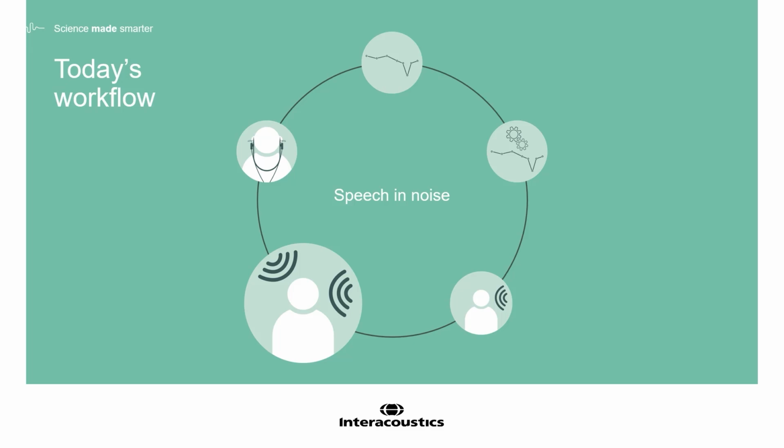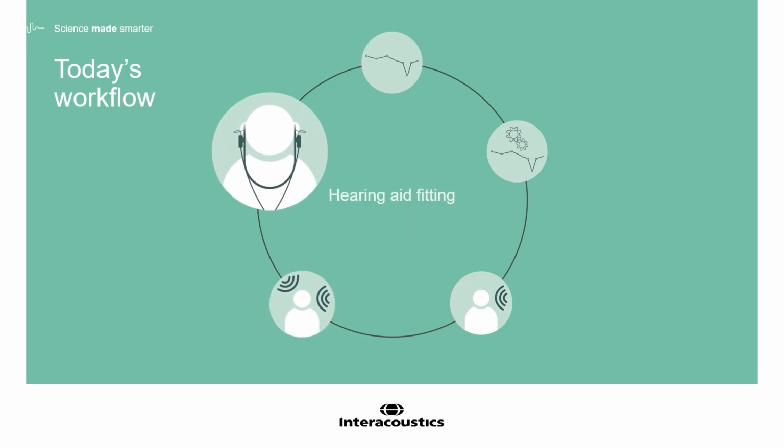These are great indicators for hearing aid acceptance, but they're not completely objective tests and can't be used automatically to adjust advanced features in hearing aids. And after that point, we're of course moving on to the hearing aid fitting when appropriate.